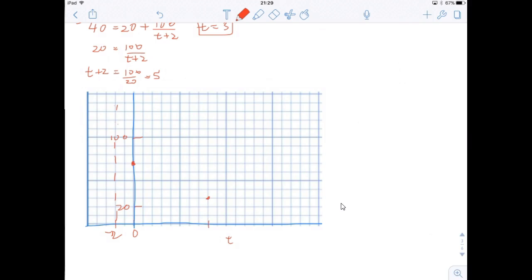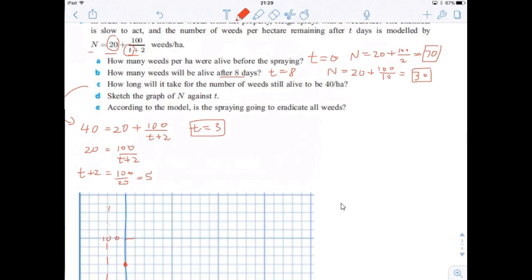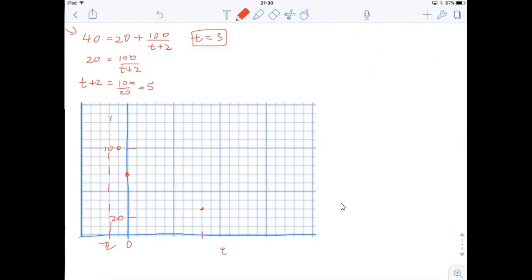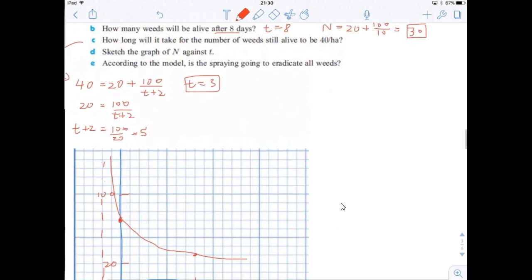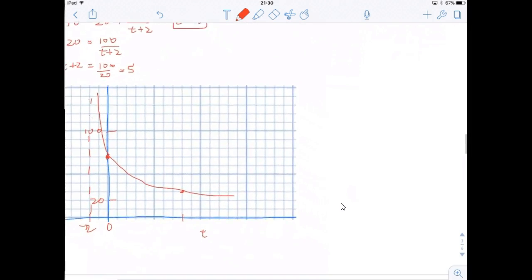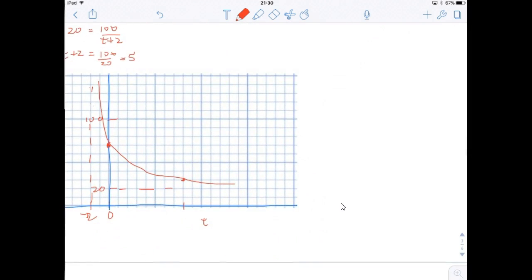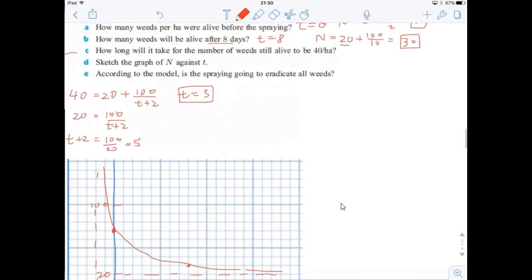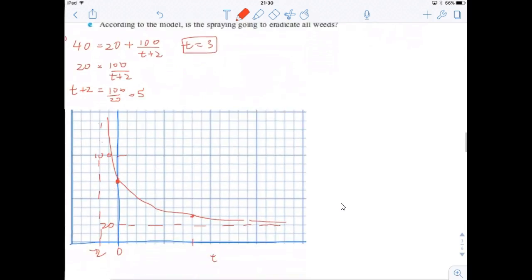And the asymptote is t equals -2, right? And the horizontal asymptote is going to be 20. Okay. So there's the sketch.